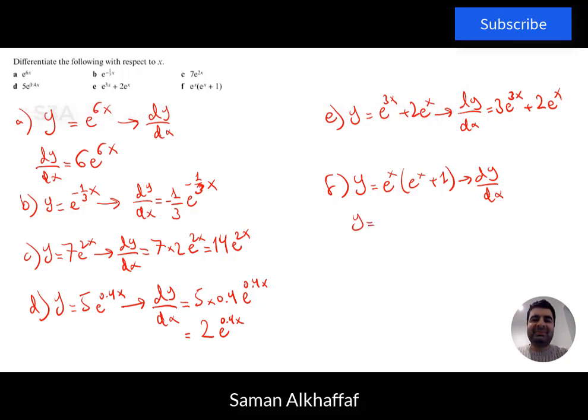That will be e to the power of 2x plus e to the power of x. So dy over dx will be 2 e to the power of 2x plus e to the power of x, and that will be our answer for part F.